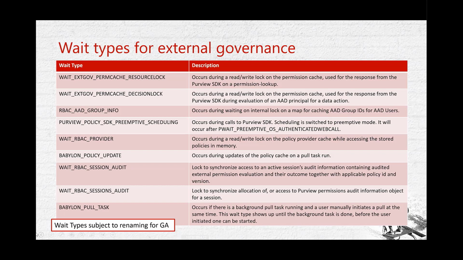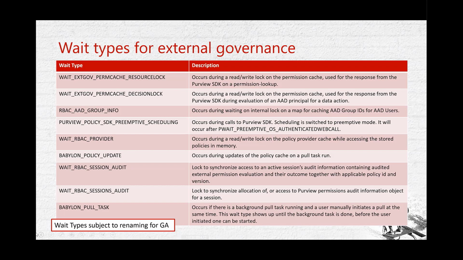The calls to the SDK for updating the policies are preemptive calls, for example. So those wait types are available, but hopefully you won't see too much. And again, those wait types in the GA version will be renamed to make them a little bit more generic.